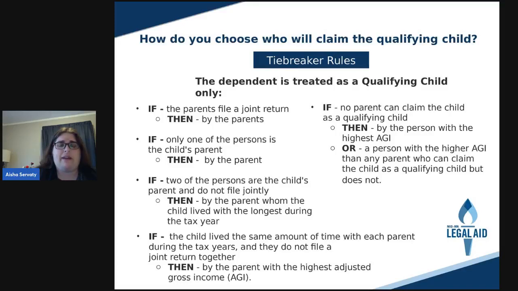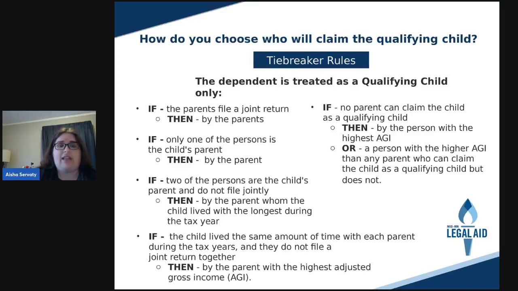And so if the parents are filing a joint return, then the parents are claiming the child. If only one person is the child's parent, then they are the qualifying child of the parent. If the two people who are claiming the child are the child's parents and they're not filing jointly, then it is the parent with whom the child lived the longest during the tax year.